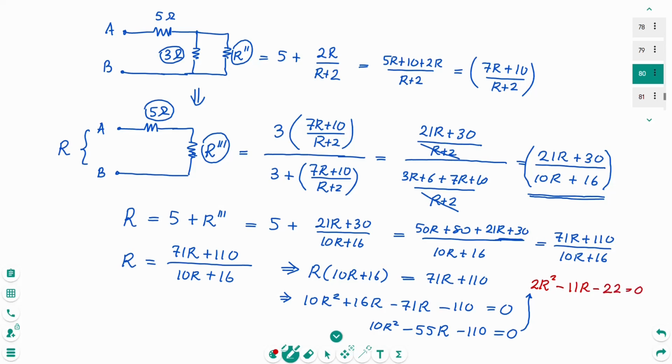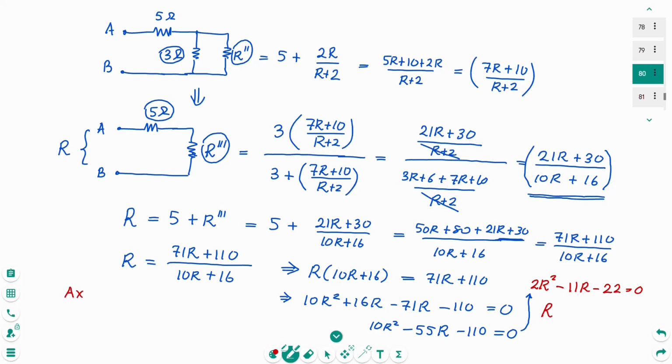Okay, and then this is a quadratic equation of R. We can use the quadratic formula to solve this, which if you can't remember, I'll write it.